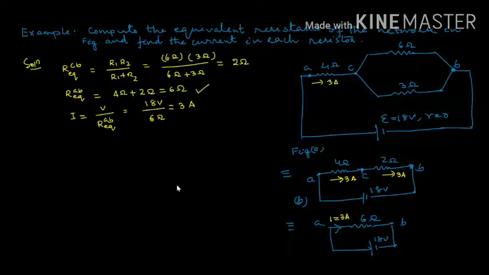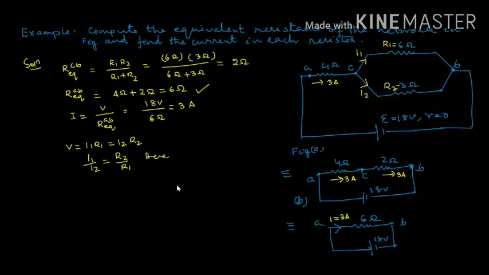Now 3 ampere is split at the point C. Suppose the current through 6 ohm is I1, and the current through 3 ohm is I2, and the 6 ohm resistance is R1, and the 3 ohm resistance is R2. V equal to I1 R1 is equal to I2 R2. So I1 by I2 is equal to R2 by R1.